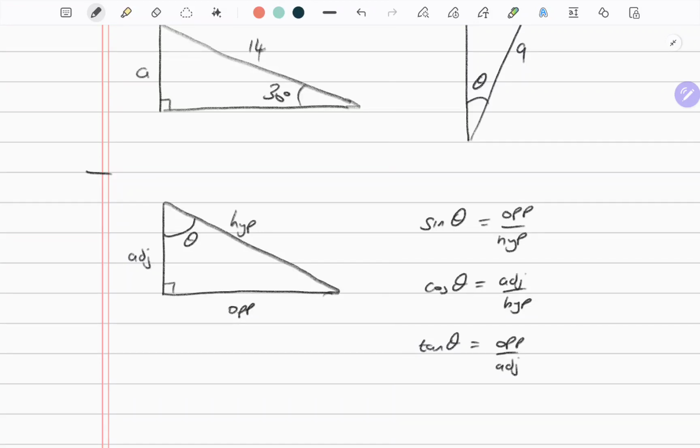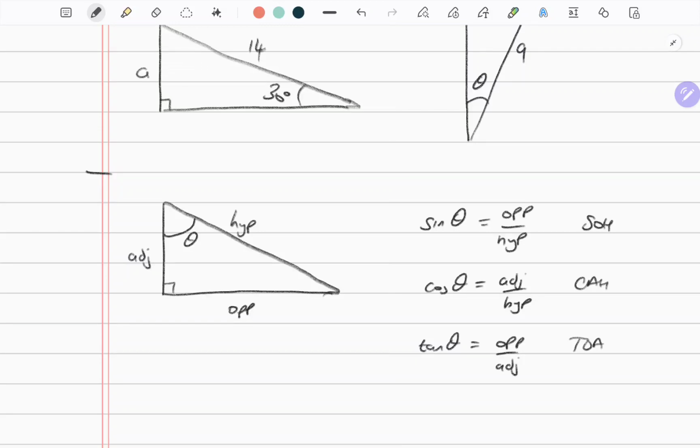So what this means is that if you're given a side length and an angle, you can use those details to find another side length, or if you're given 2 side lengths and trying to find an angle, this is what we'd do. The reason why it's called SOH CAH TOA: sine opposite hypotenuse, SOH, CAH, and then TOA. So that's what we would use there.